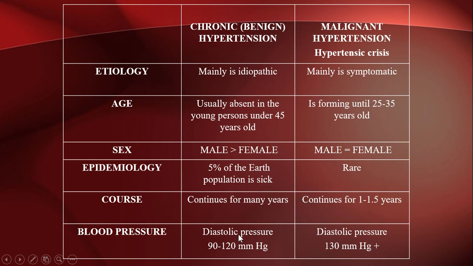The diastolic pressure is 90 to 120 mm Hg in chronic hypertension, but in malignant hypertension it is more than 130.